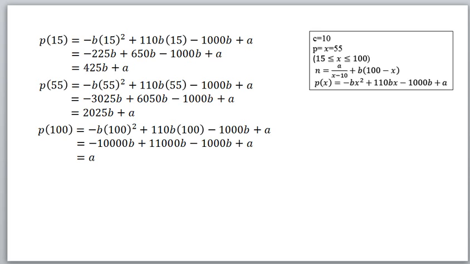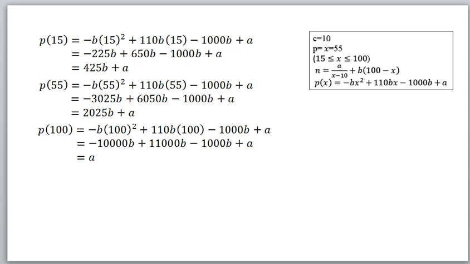Finally, filling in 100 for x, P of 100 equals minus b multiplied by 100 squared plus 110b multiplied by 100 minus 1000b plus a. Multiplied out, that equals minus 10,000b plus 11,000b minus 1000b plus a. All the b's cancel out, so we're just left with a.